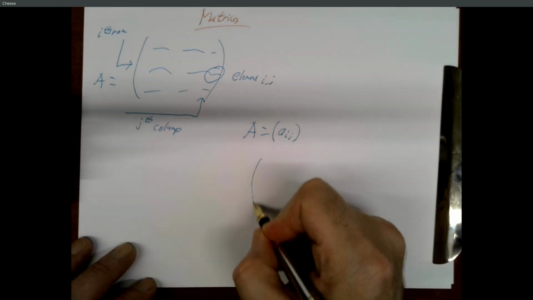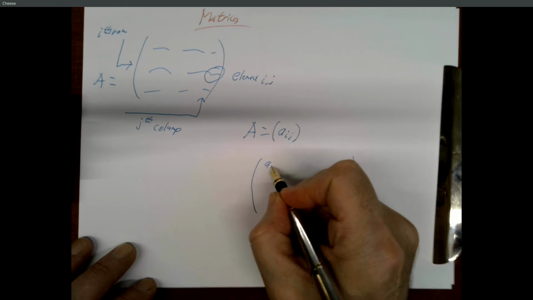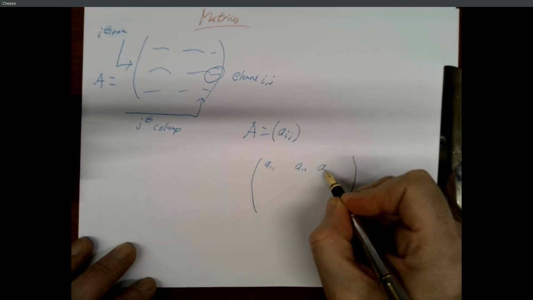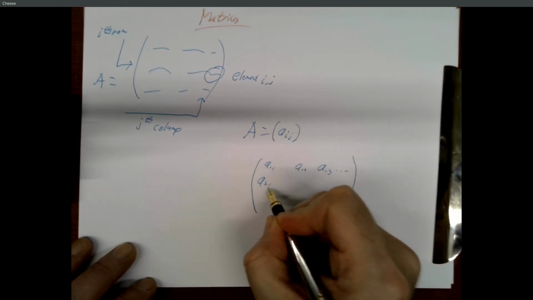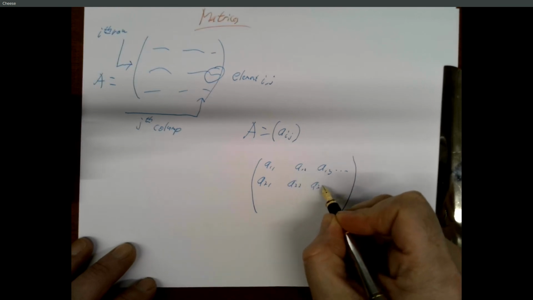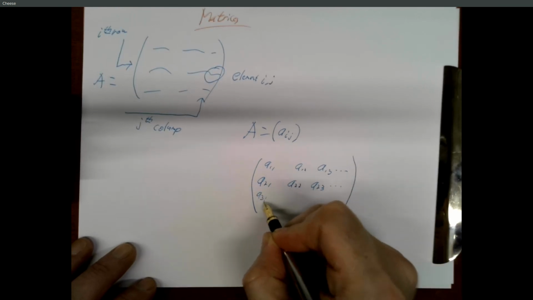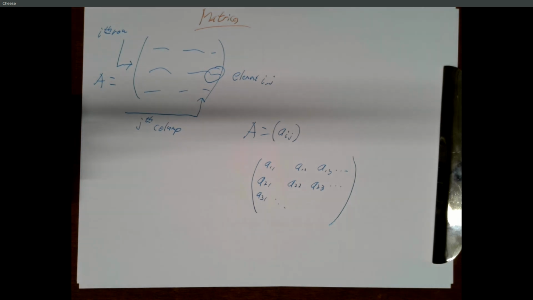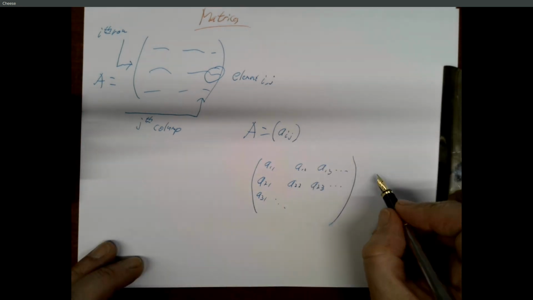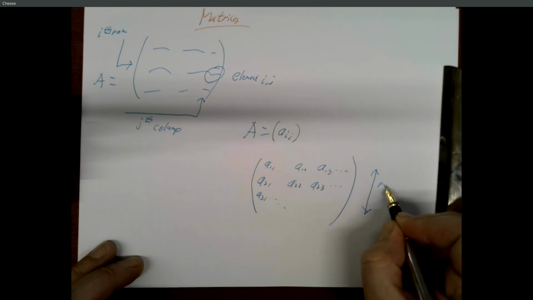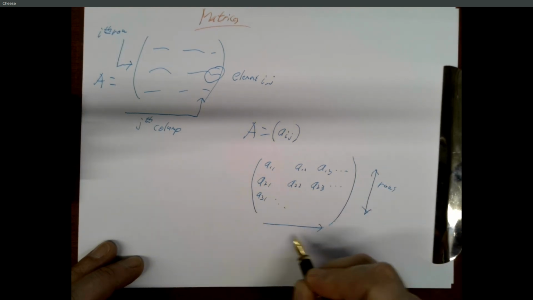So this suggests that our matrix actually looks like this: a11, a12, a13, a21, a22, and so on. And it's just useful to pin down an order of i and j to be able to talk about it. And so a certain number of rows and a certain number of columns.